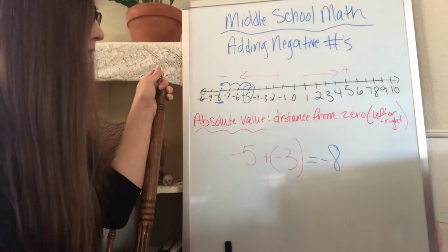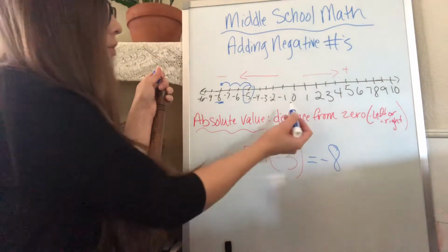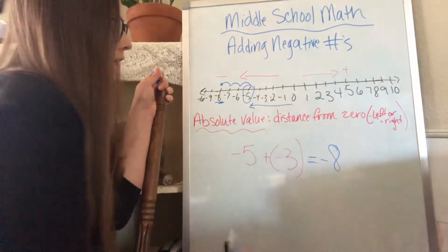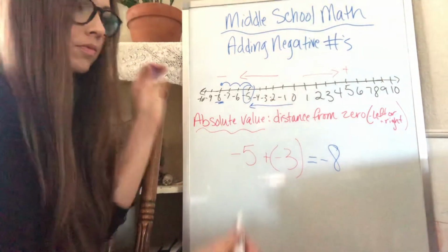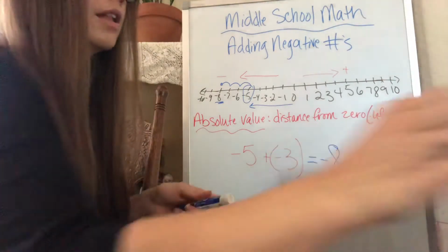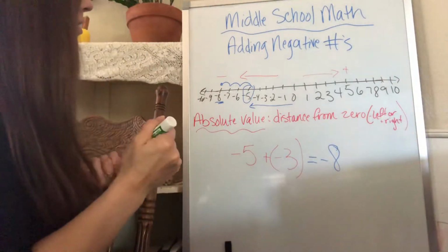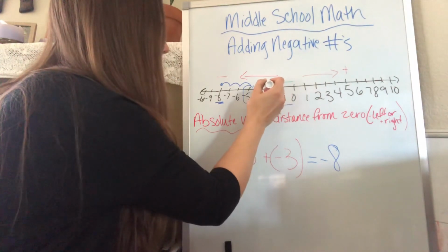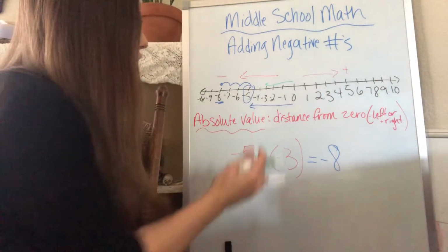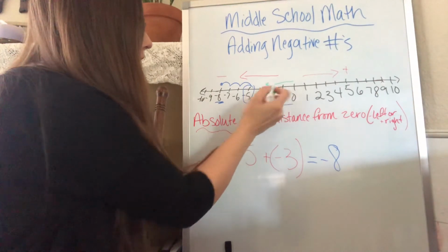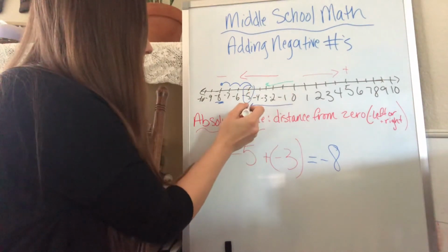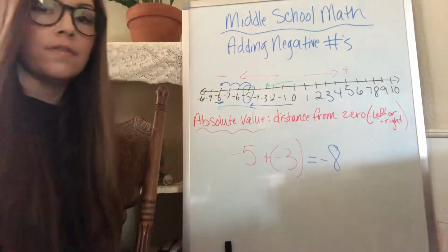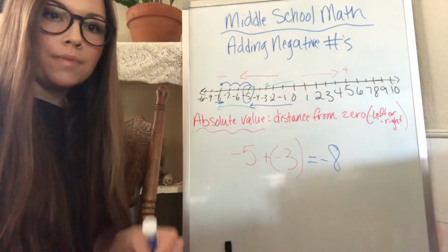Another way to look at it is you can look at the number line and say, okay, -5 is 5 from 0. And -3 is 3 from 0. So if I take my -3 and I add it to my -5, then I'm at -8. Okay?